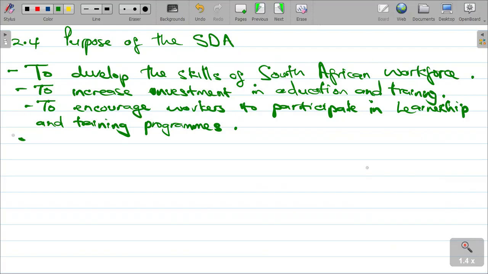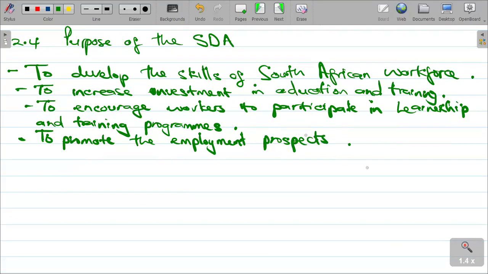It also wanted to promote the employment prospects of employees, of disadvantaged groups, of historically disadvantaged groups.